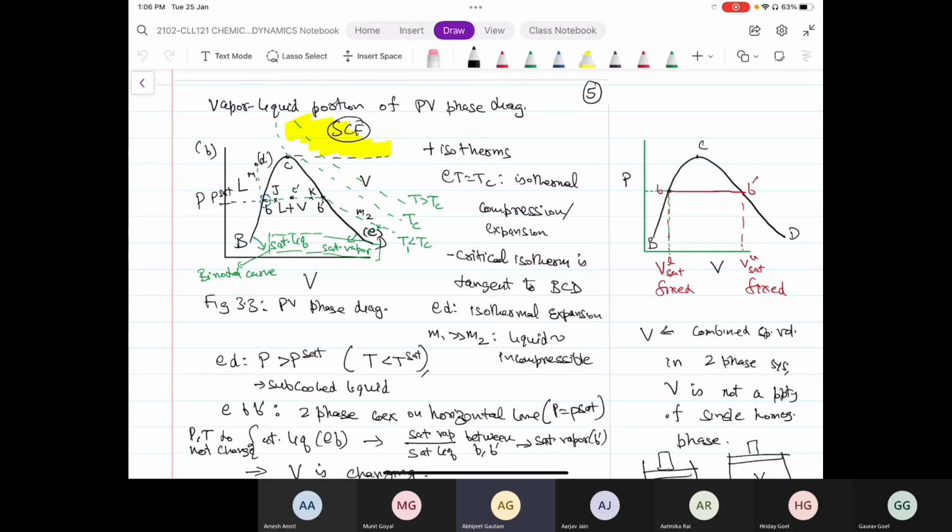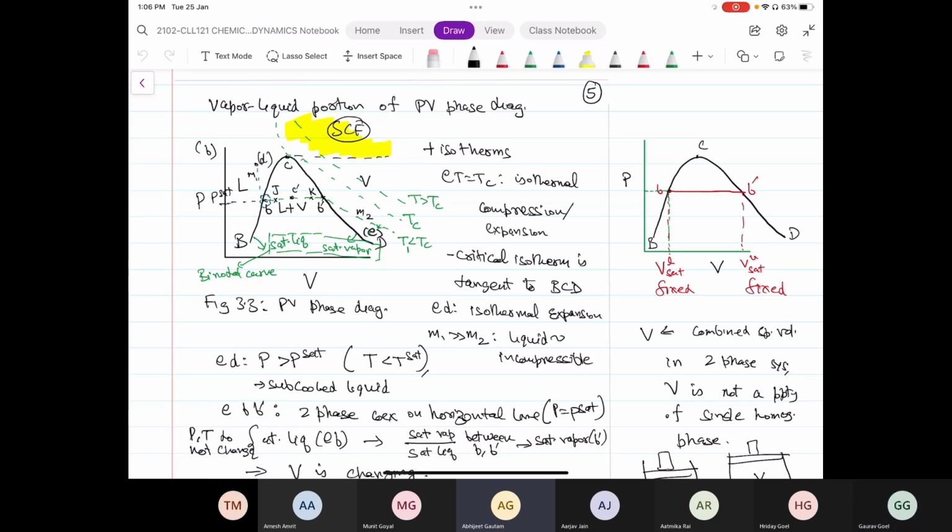When the temperature is greater than the critical temperature, it is a perfect isotherm with a particular curvature. Then why is the shape in this region not the same? The curve does not intersect like that.